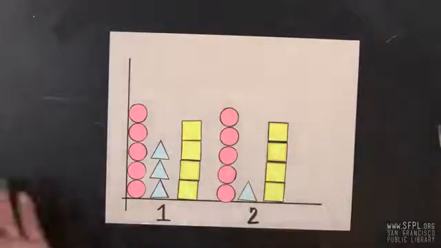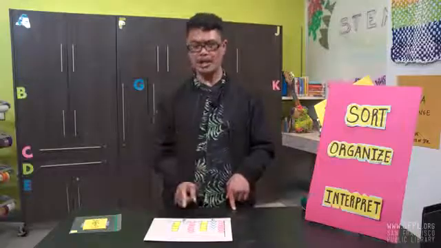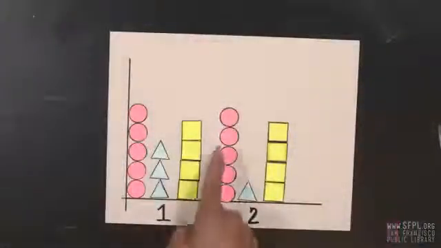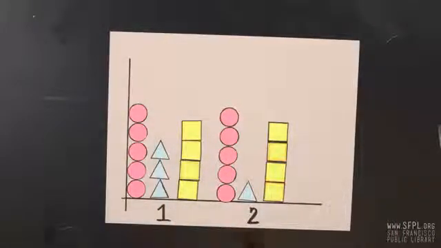All right, so let's ask the same question. On bag number 2, which shape has the most amount? So the longest line tells us that circle has the most amount. Which is the least amount? Triangle is the least amount.